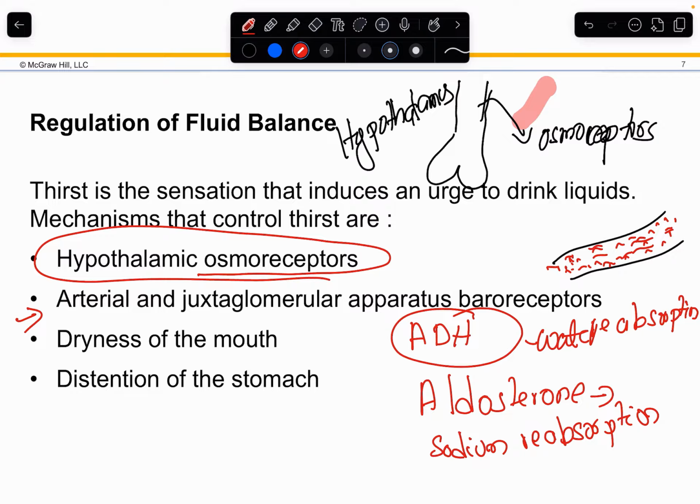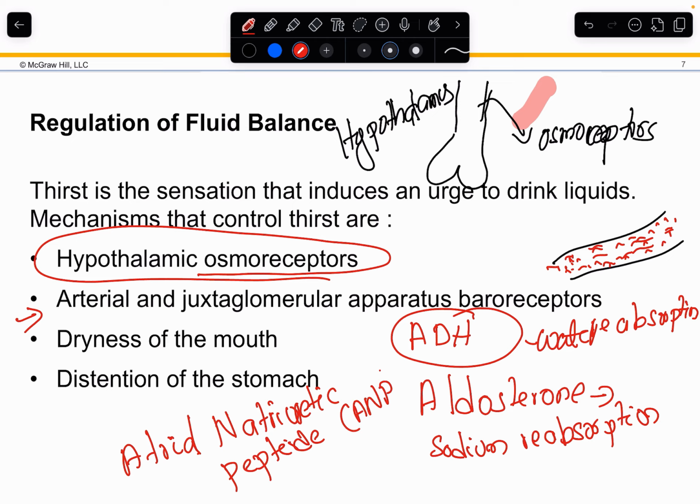Then the other one, atrial natriuretic peptide, ANP. Atrial, when you hear that, what? Heart. This is opposite to what these two do.